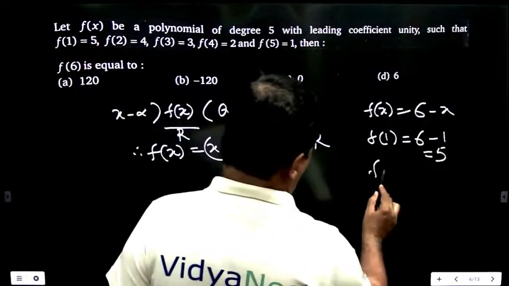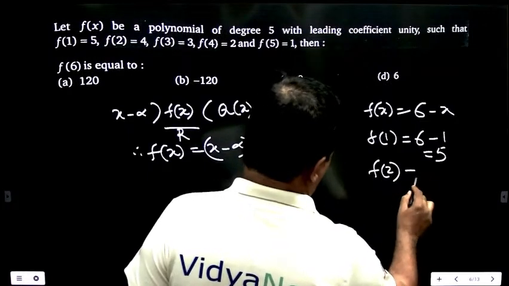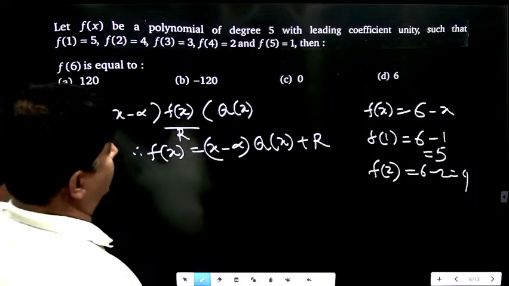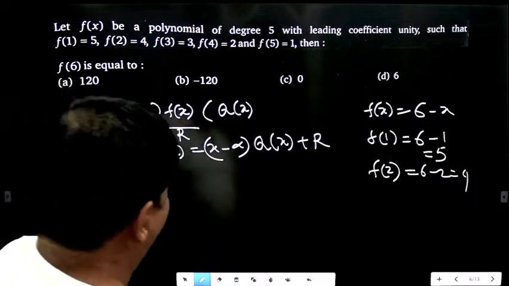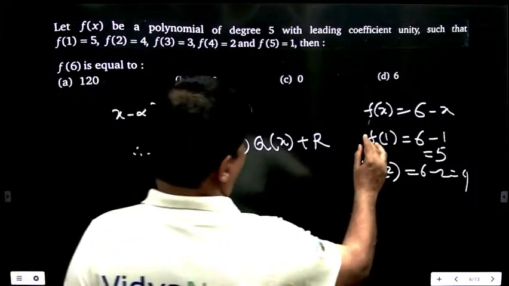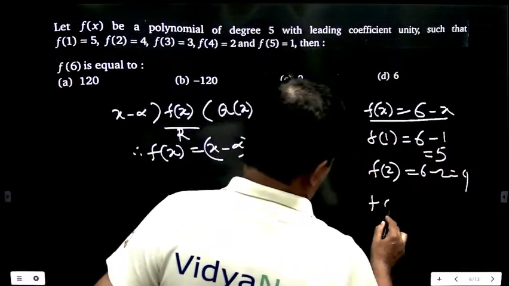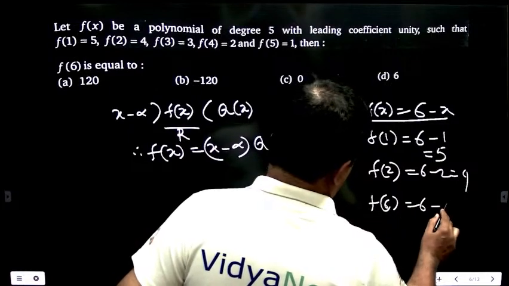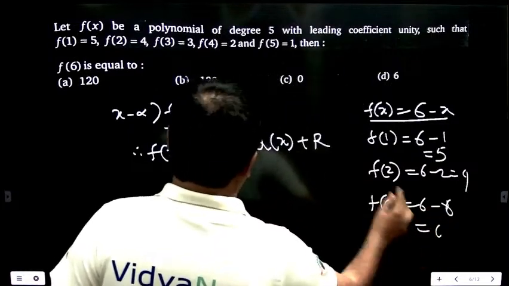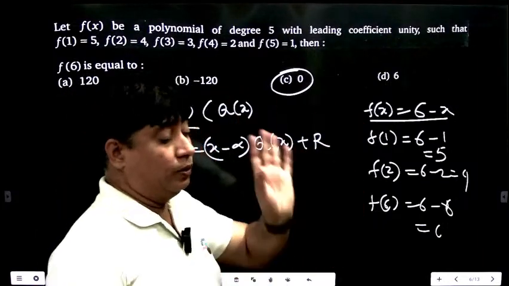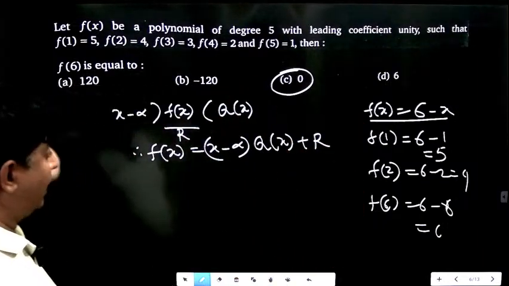If you put 2, 6 minus 2, 4. That is also matching. So they will conclude, okay, so fx is equal to 6 minus x. I am told to find f6. So 6 minus 6, option is 0. 0 is there. So, okay, go with it. No, wrong.